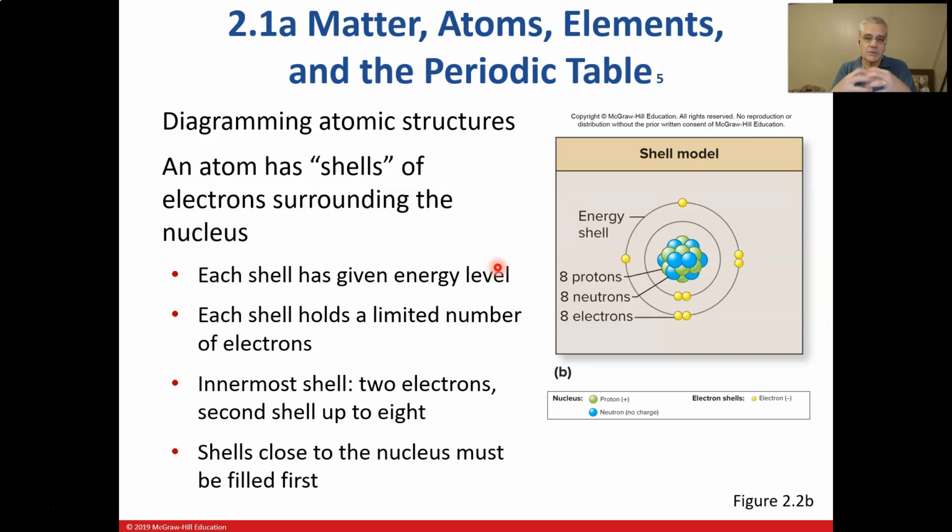So we would call that the innermost shell. Well, that's the same with electrons going around the nucleus. The innermost shell is the one relatively close to the nucleus. That particular shell can hold two and only 2 electrons. That's it. That very first shell holds 2 electrons.